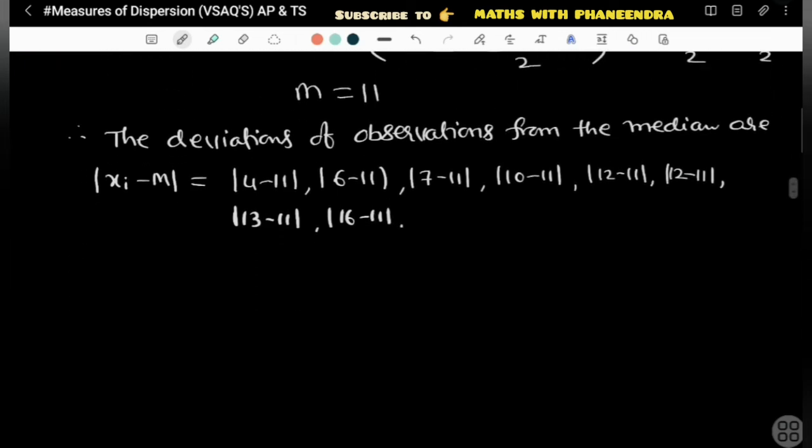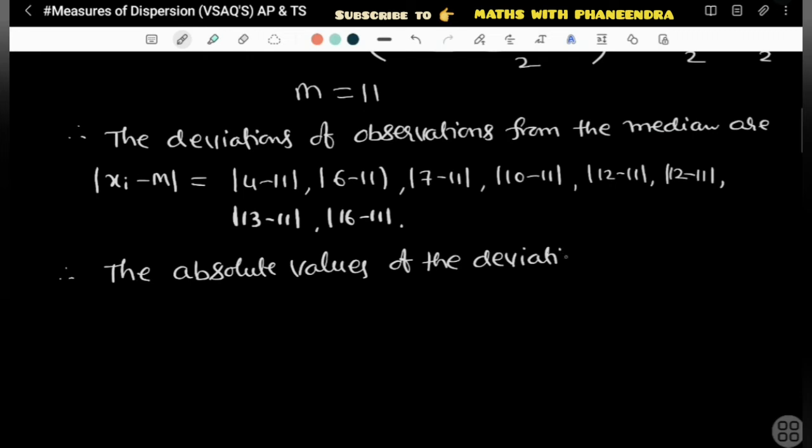So these values, if we calculate the absolute values, therefore the absolute values of the deviations are: 4 minus 11 is mod minus 7, so 7, 5, 4, 1, 1, 1, 2, 5.